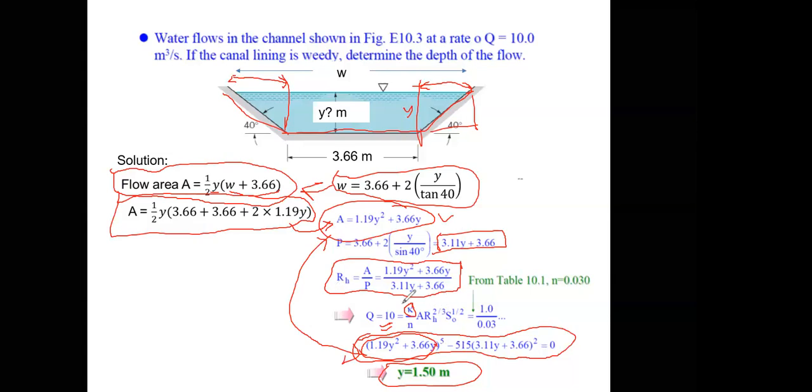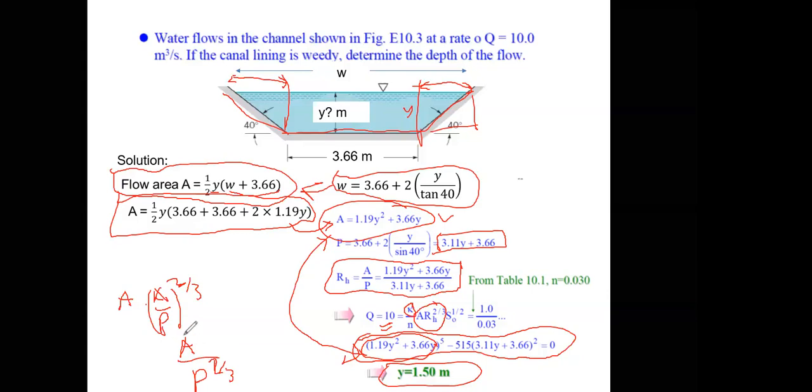Times the, oh, what you do actually, A times A over P. This part over here. Oh, sorry, this should be 2/3. So you're going to have A divided by P to the power of 2/3.